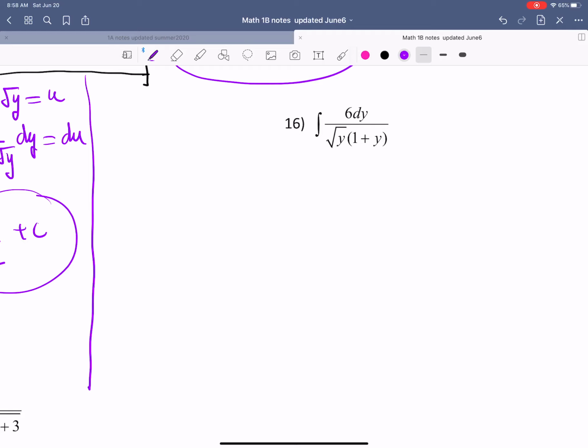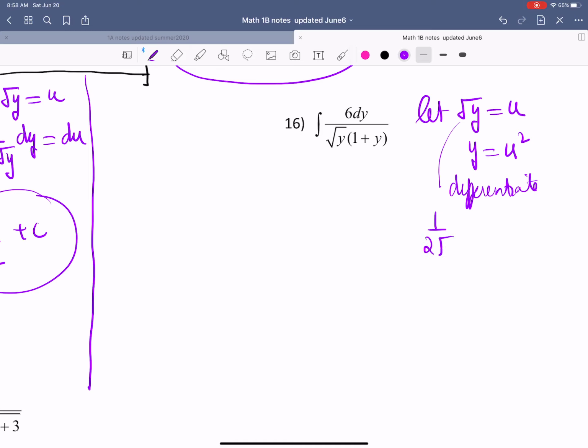I'm going to let square root of y be the u, and that would mean y is equal to u squared. When I differentiate both sides, I would have 1 over 2 root y dy as du, or I can say 1 over root y dy is 2 du.